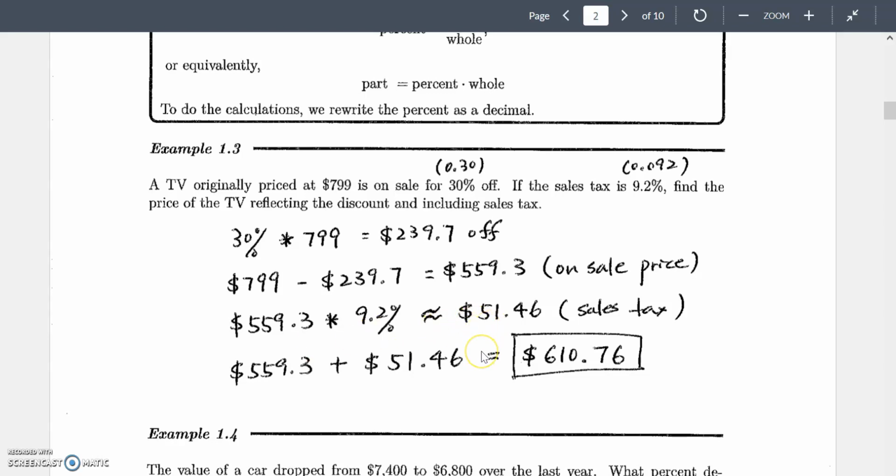So the sales tax part of this transaction is $51.46. So together, how much is it going to cost me? It'll be the new sale price of the TV, $559.30, plus the sales tax, $51.46. So the total price, including tax, will be $610.76.